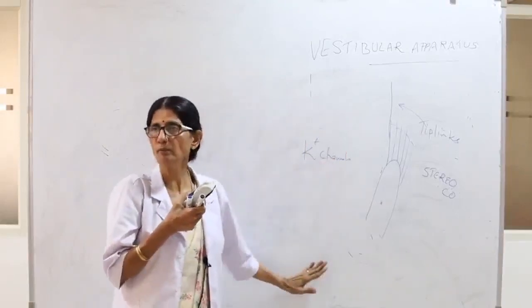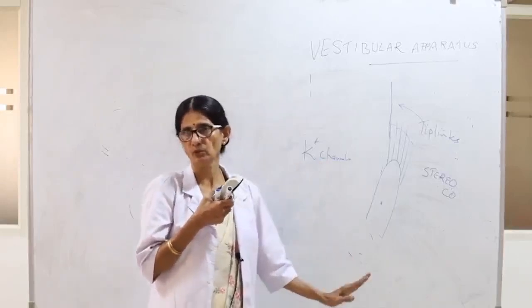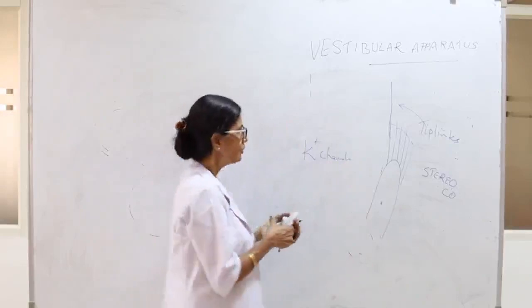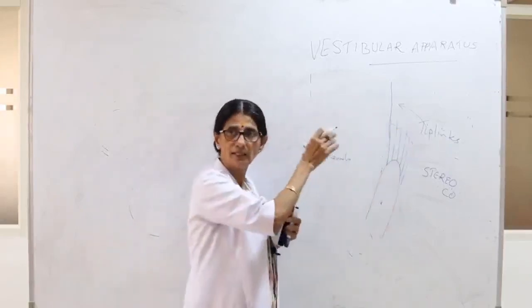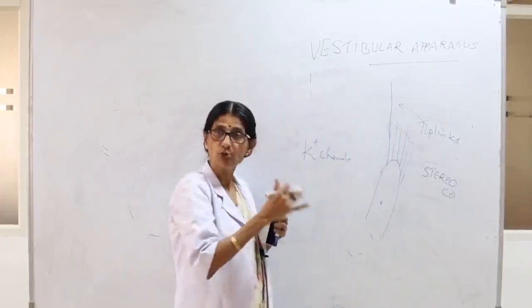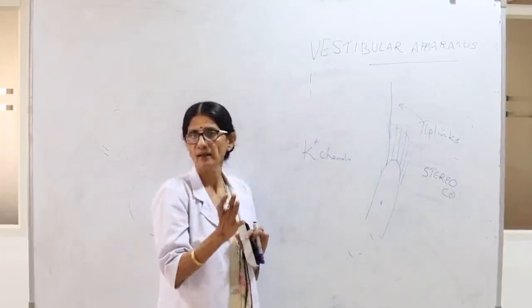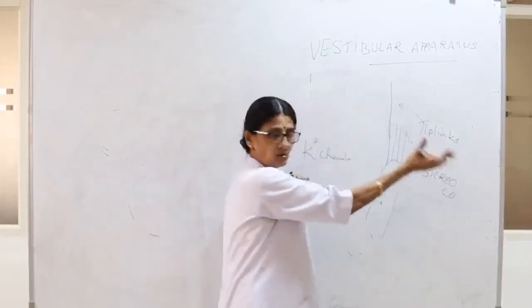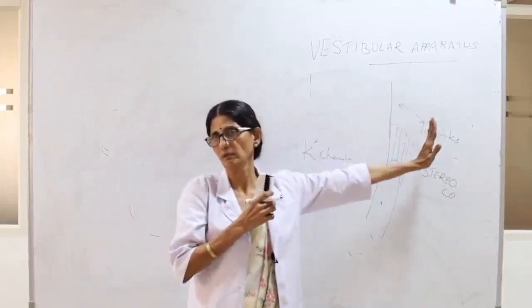So the first order is the Scarpa's ganglion, or the vestibular ganglion. We'll learn about the pathway later on. When the hair cells revert back, the potassium channels close, and the depolarization signal is stopped.